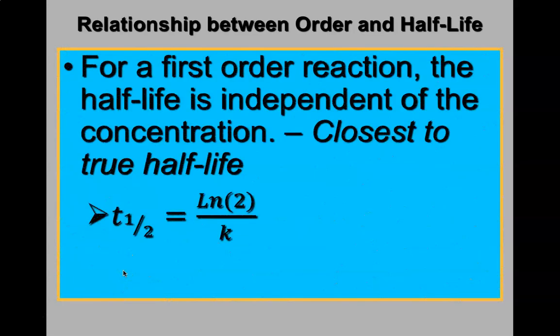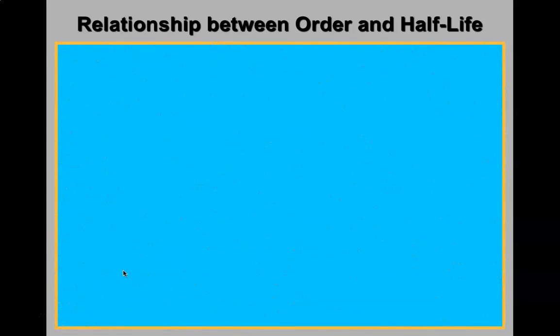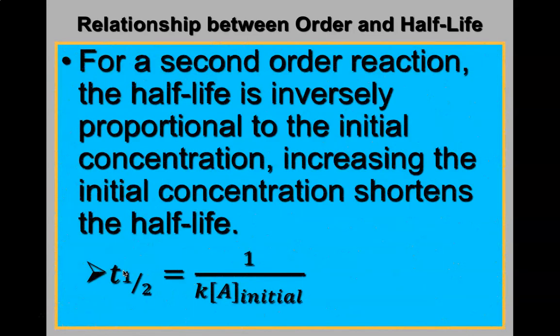For first order, half-life is independent of concentration. There is no concentration relationship. As I said earlier, it's the closest to true half-life: natural log of 2 over k, which is just 0.693, as you saw previously. Second order, it's inversely proportional to the initial concentration.